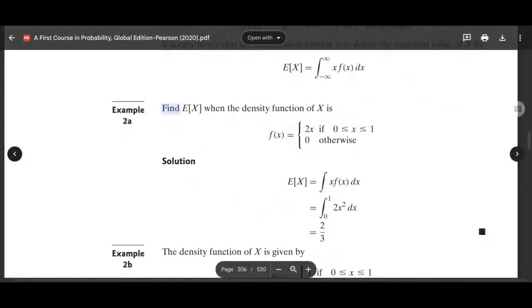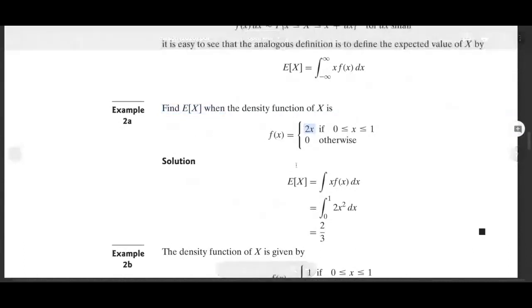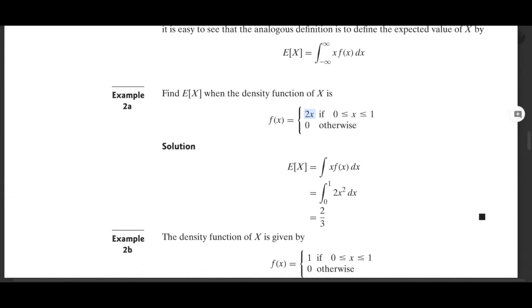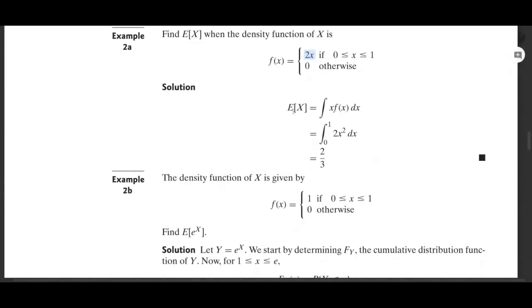Let's see this example. We want to find the expected value for this density function equal to 2x, where X is from 0 to 1. So this function is defined from 0 to 1 and it's linear. Do you see a triangle? Right, so we see a triangle here. So expected value is this, from 0 to 1, because it's 0 otherwise.